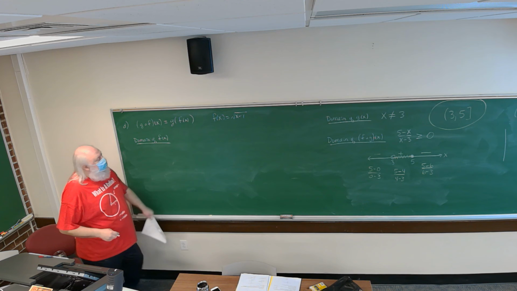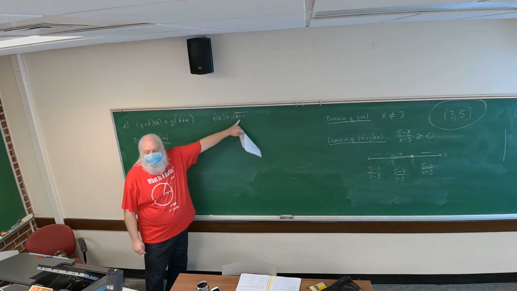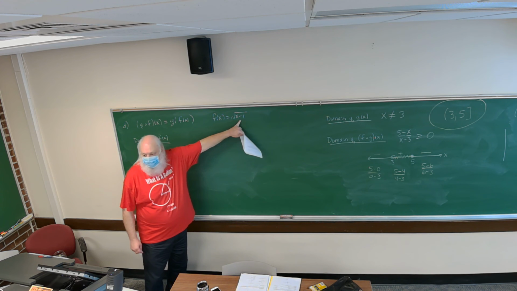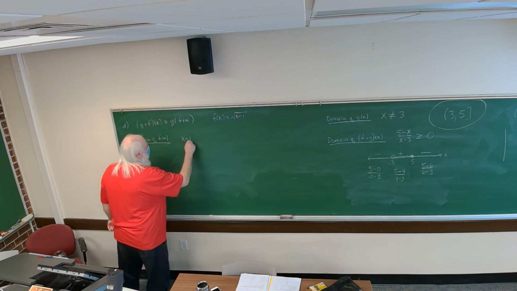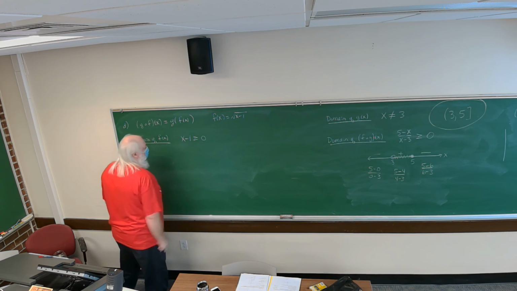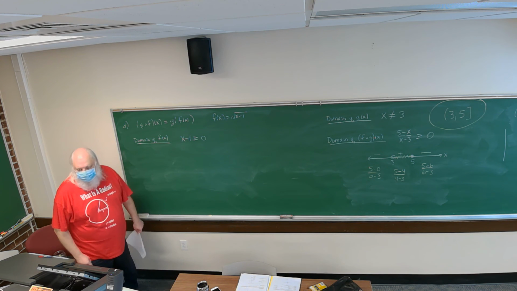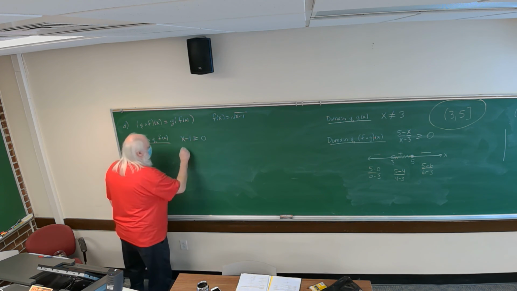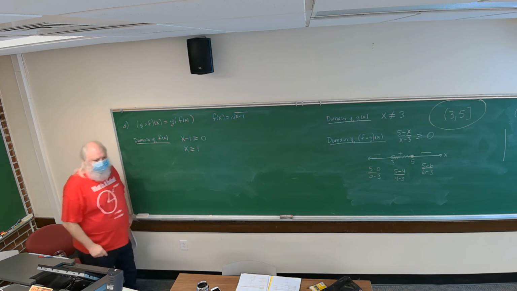So square root, radicand: by domain, the radicand has to be greater than or equal to 0, right? So the domain of f of x is the radicand x minus 1 has to be greater than or equal to 0. This is a linear inequality, we just solve for x. Add 1 to both sides, and we get x has to be greater than or equal to 1.